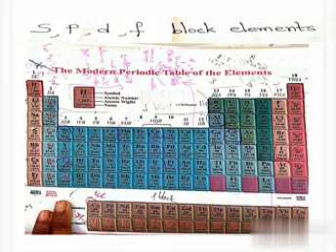So like this, whichever orbital the last electron enters, we call the element by that block. If the last electron enters the s orbital, we call it an S block element. If the last electron enters the p orbital, we call it a p block element.